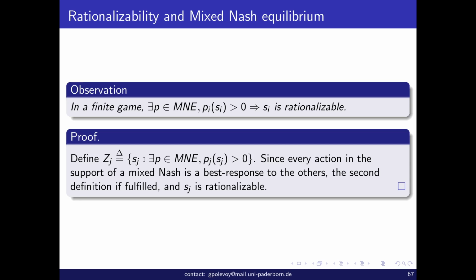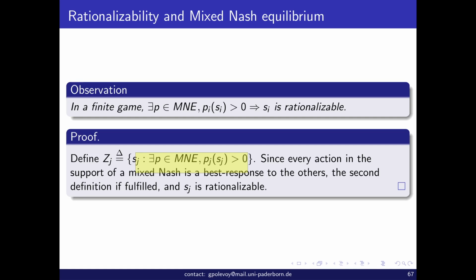Define the Z_j's as all the pure strategies that are in the support of some mixed Nash equilibrium. Now, since every action in the support of a mixed Nash equilibrium is a best response to the others, as we proved in a simple characterization, a mixed profile is a Nash equilibrium if and only if each pure strategy in the support is a best response to the mixed combination of the others.